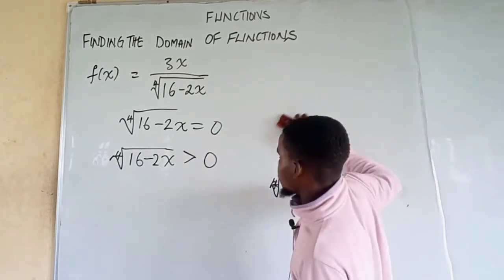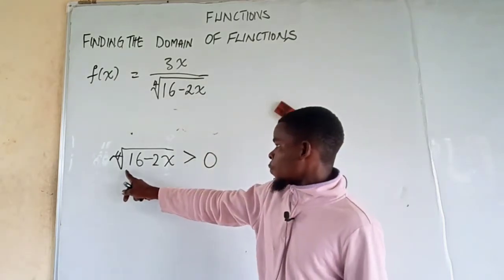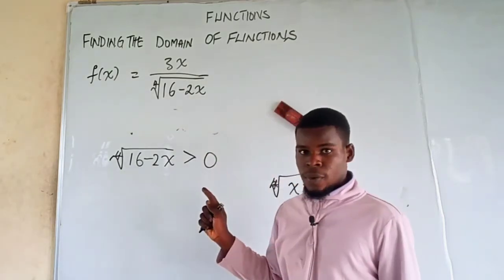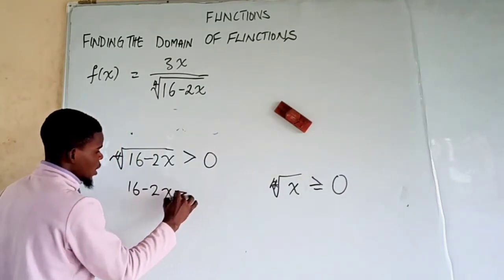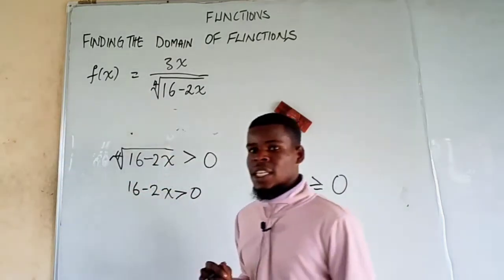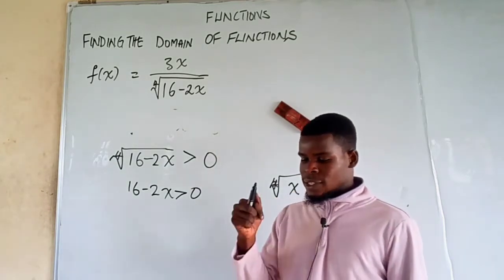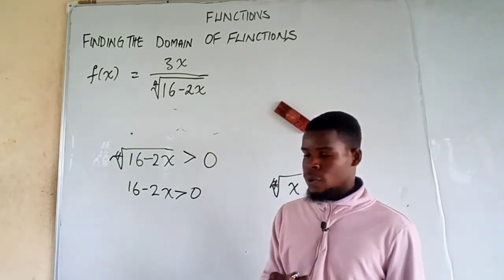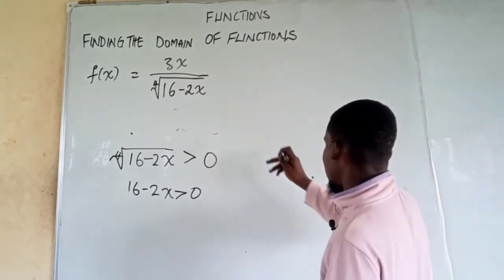So if the fourth root of this is bigger than 0, then 16 minus 2x is bigger than 0. If we take the fourth root of a certain number, and the result is bigger than 0, then that number is bigger than 0.